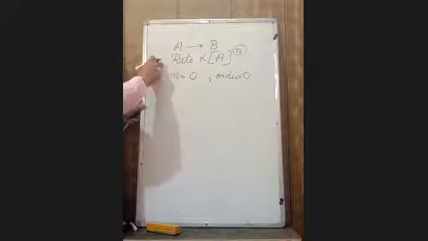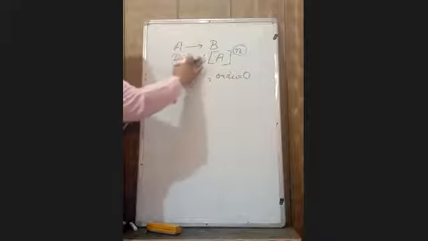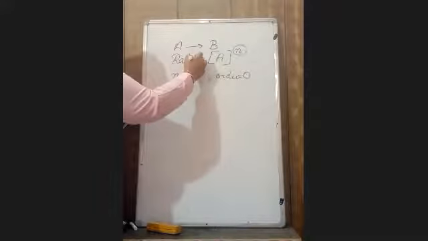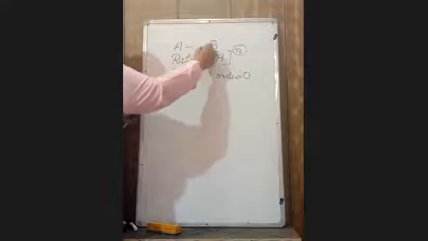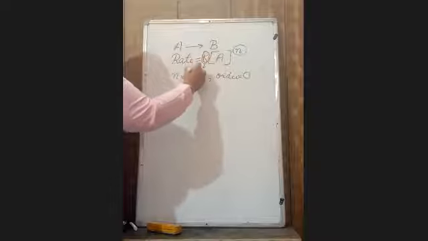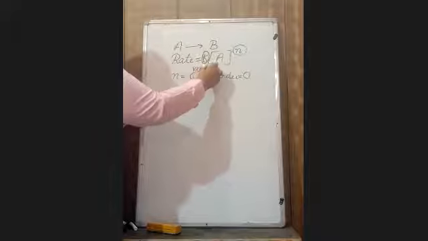If this rate law expression is given to us, this constant of proportionality can be replaced by this constant K. This is your rate constant or velocity constant.